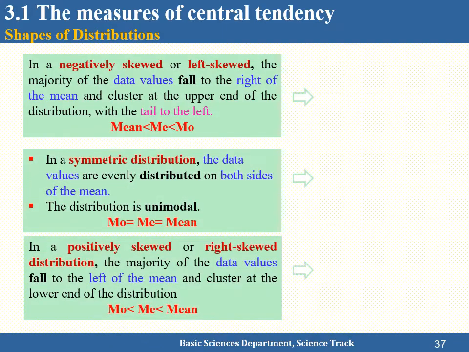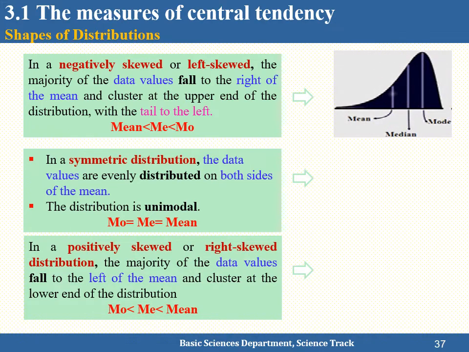Now, in a negatively skewed or left skewed distribution, the majority of the data values fall to the right of the mean and cluster at the upper end of the distribution, with the tail to the left. This is the tail here. So this is left skewed.